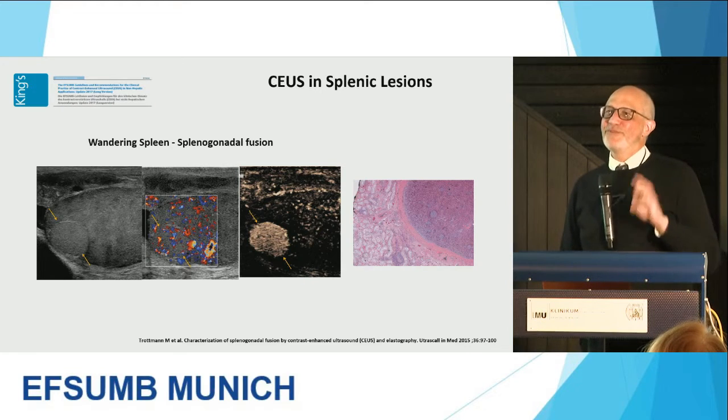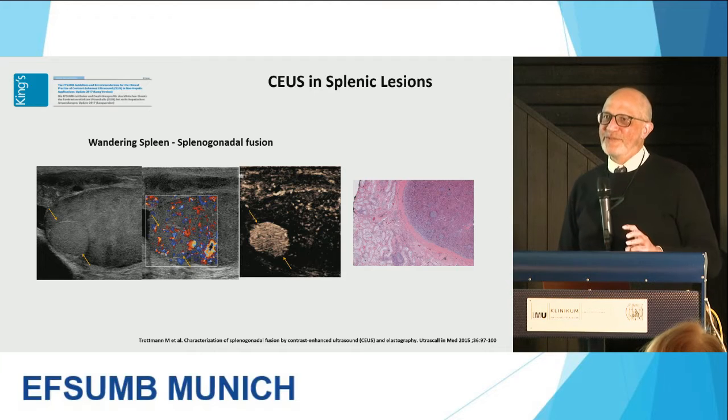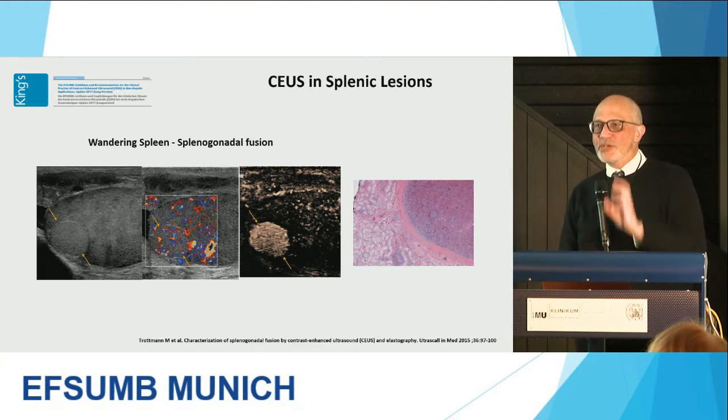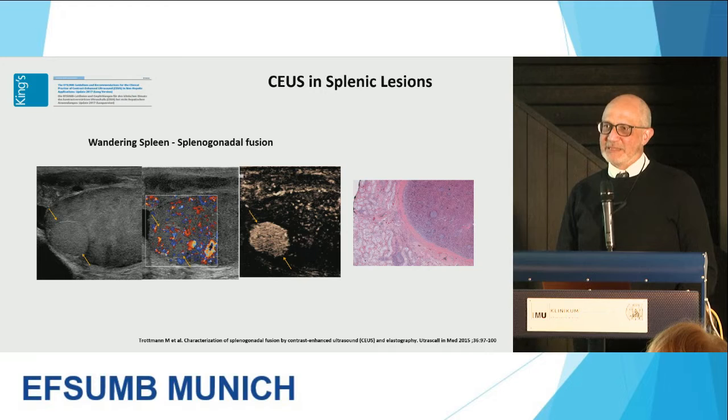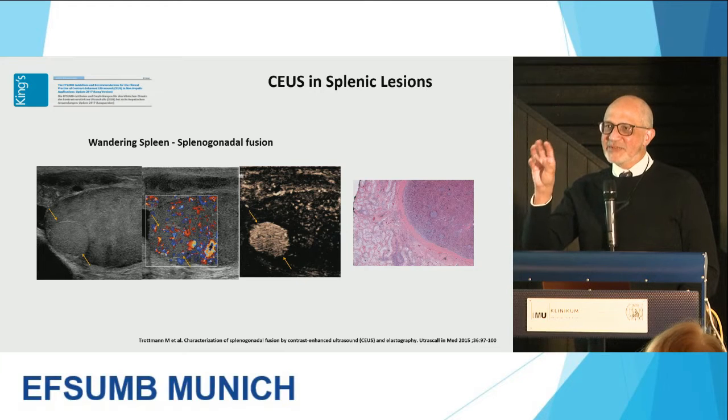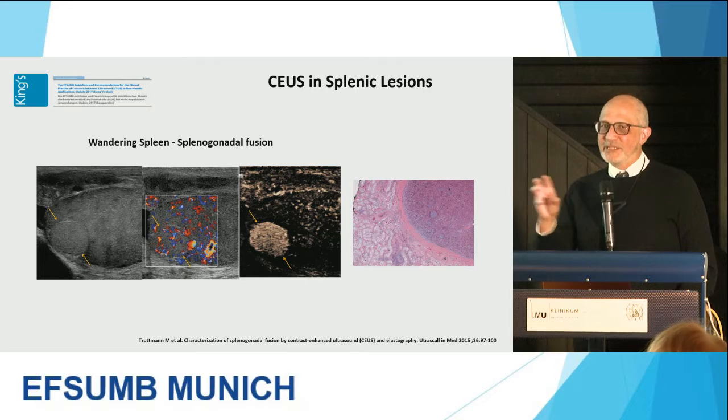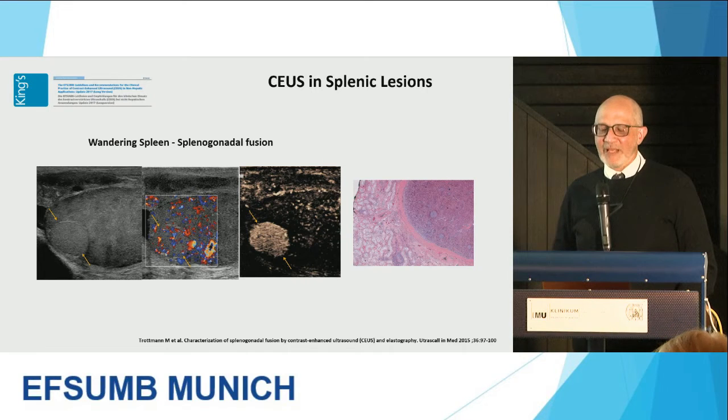But you can also fuse a spleen to your ovary, and it can be continuous or discontinuous with the spleen. So you get accessory spleens all the way down the embryological development to the testes or ovary, continuous or discontinuous, and you get a lump on the testes.